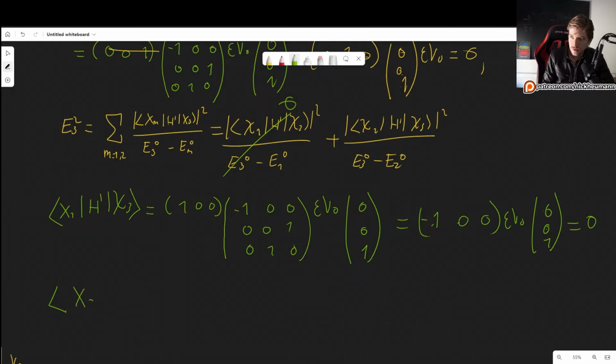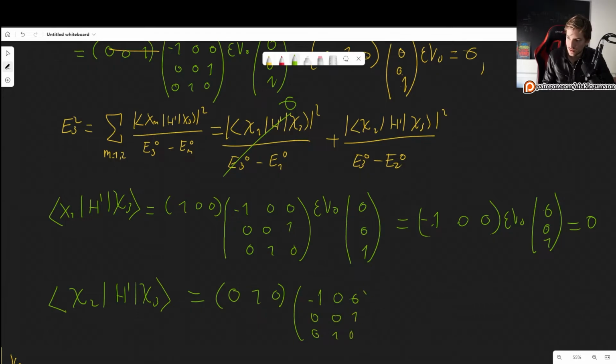Now let's go for chi2 H prime chi3. So this thing would be, now it is 0, 1, 0, and the rest is the same. So minus 1, 0, 0, 0, 0, 1, 0, 1, 0, and epsilon V0, 0, 0, 1.